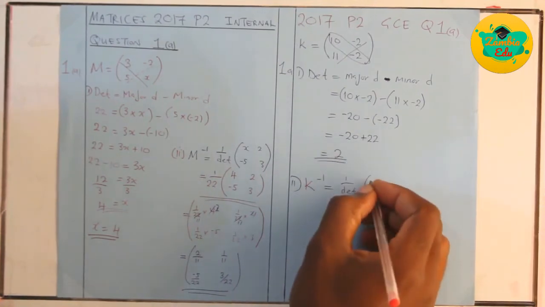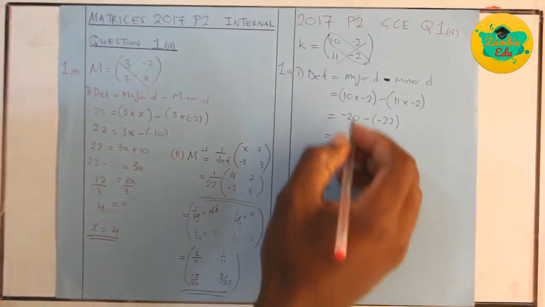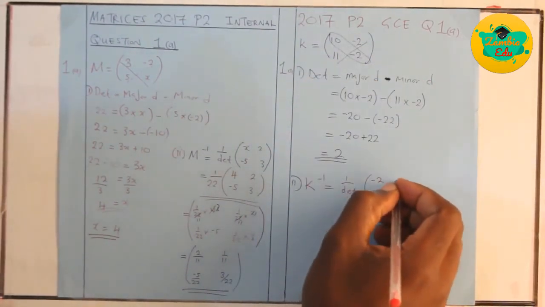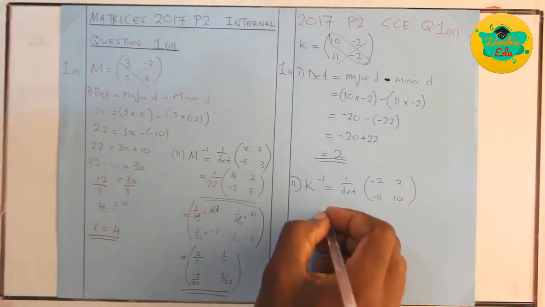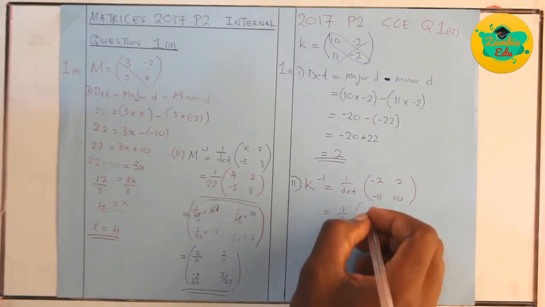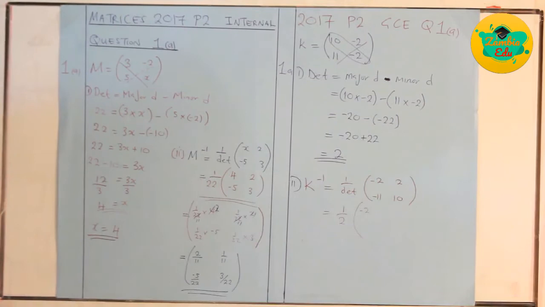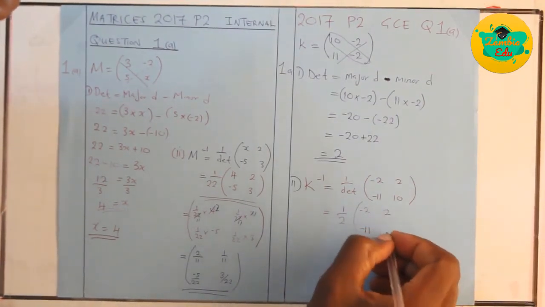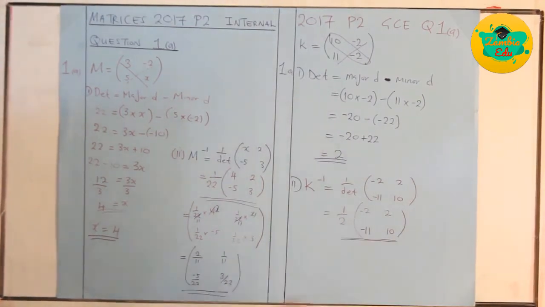We swap like usual, so that becomes negative 2, 10, then multiply the minor diagonal with a negative, that becomes a 2 and a negative 11 in that way. So we're saying 1 over 2, open brackets, negative 2, 2, 11, 10. So that is okay right there.